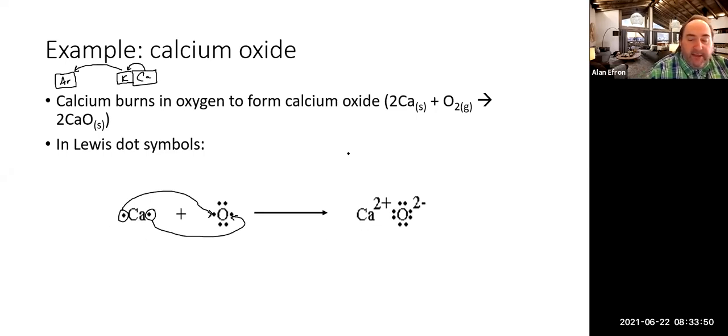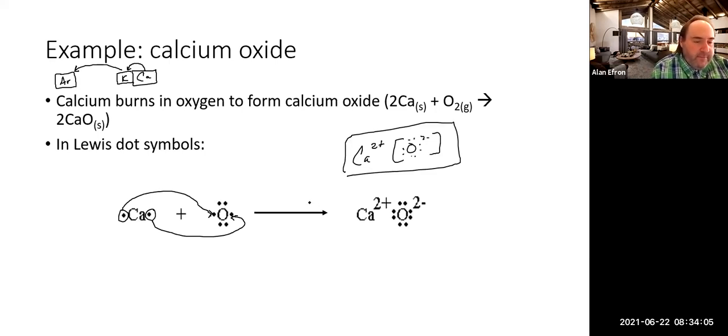When it does so, again, we get calcium that has now lost 2 electrons and has a positive 2 charge. The oxygen gained those 2 electrons, giving it a negative 2 charge. And again, we get this ionic compound that is basically formed. What happens in terms of our configuration? Well, calcium started out as 1s2, 2s2, 2p6, 3s2, 3p6, 4s2.